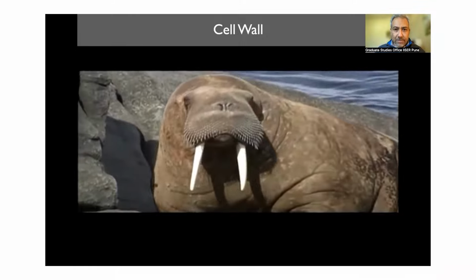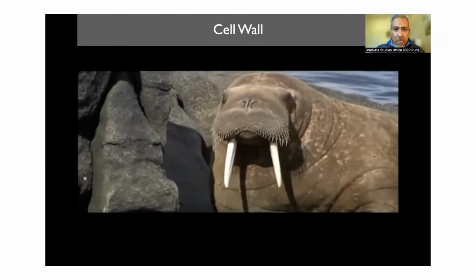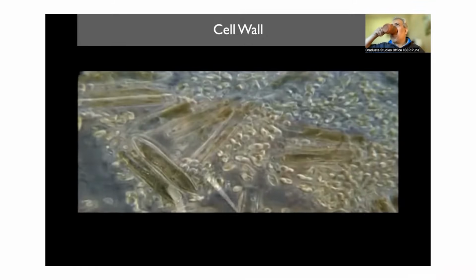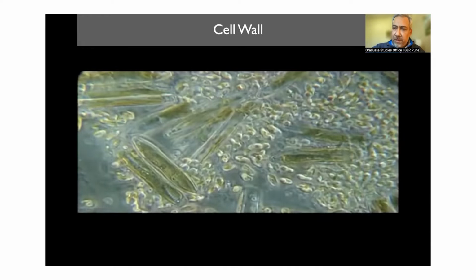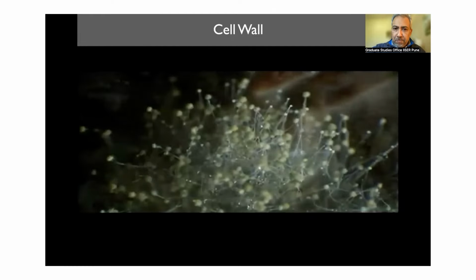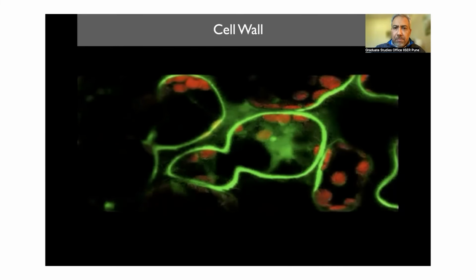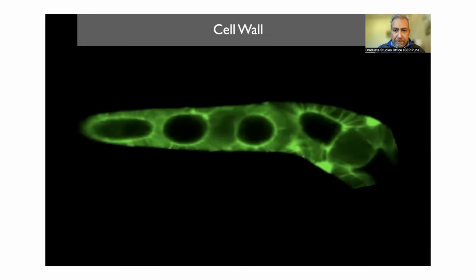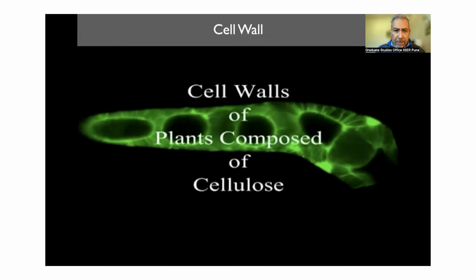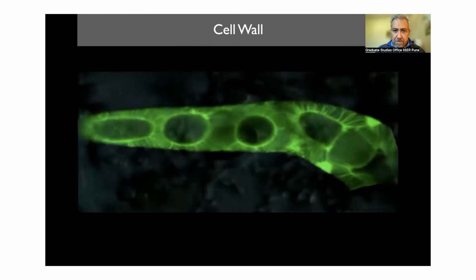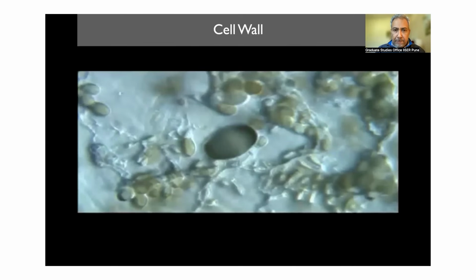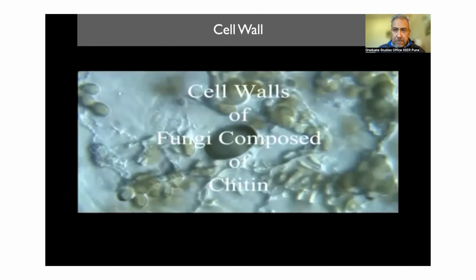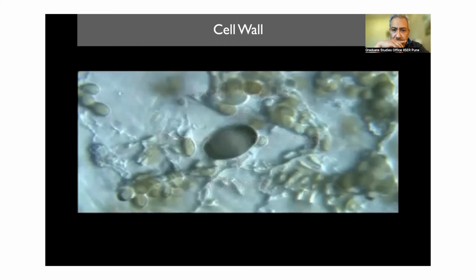While in animals the cell membrane is exposed directly to the external environment, in the cells of certain protists, most bacteria and fungi, and all plants, the cellular membrane is covered by a stiff non-living cell wall. In plant cells, the cell walls are composed of cellulose and other polysaccharides, while in fungal cells, the walls are made up of a modified polysaccharide called chitin.